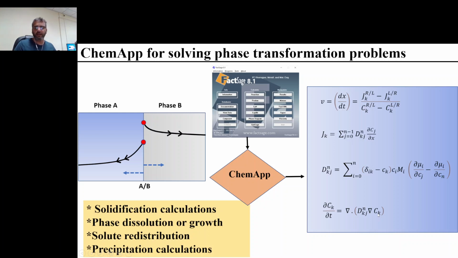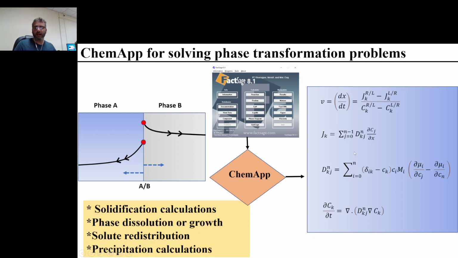So we use ChemApp regularly to calculate the potential gradients so that we can determine the interdiffusivities, and also to calculate the interface velocity, where we need the interface compositions.